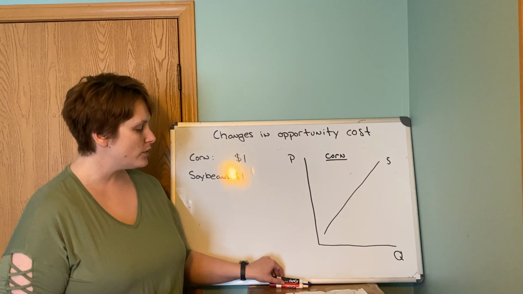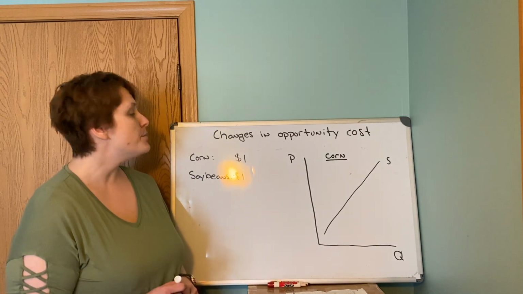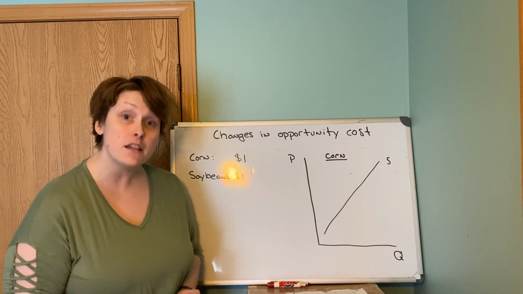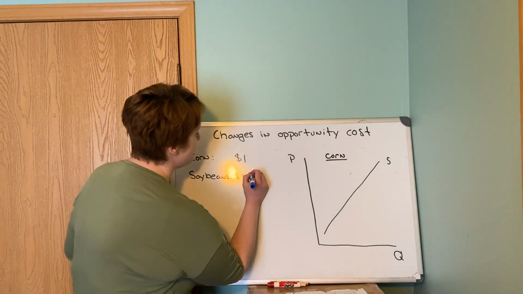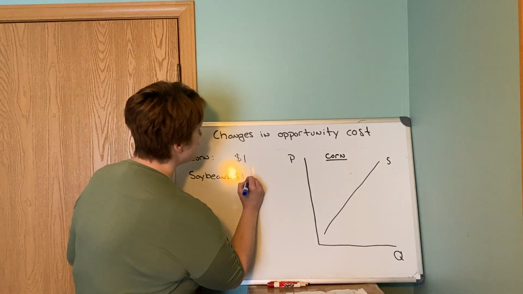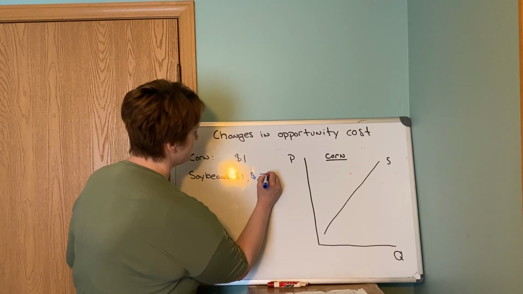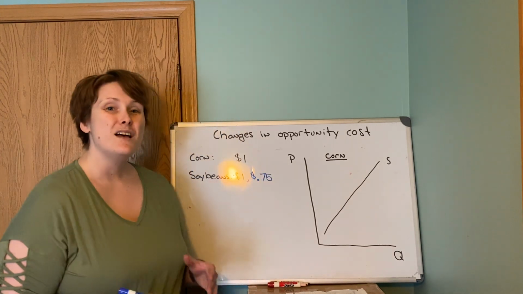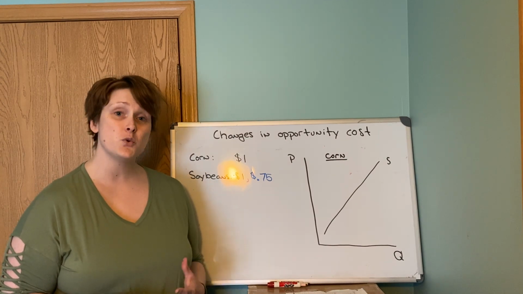So the first thing that we're going to do, let's say that the selling price of soybeans goes down. So let's say that instead of selling for $1, now soybeans sell at 75 cents. Well then, people are no longer indifferent about whether they want to grow corn or soybeans.